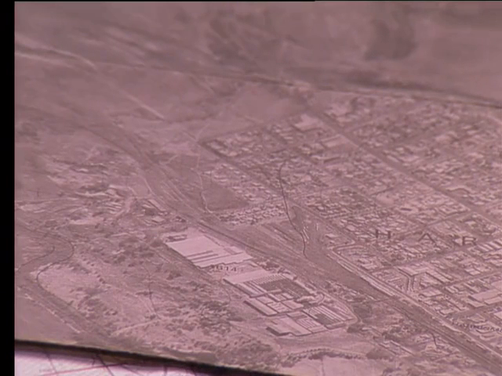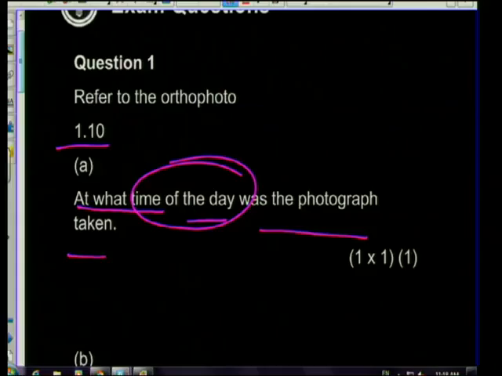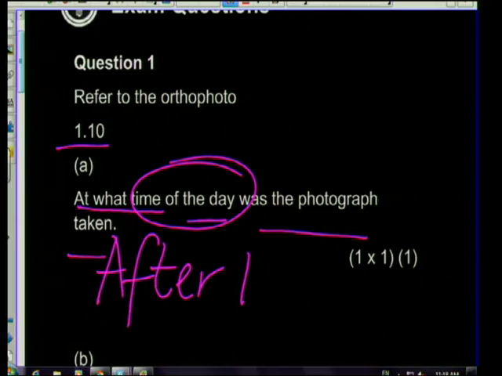The moment you see shading, it occurs afternoon or after 12 o'clock. So guys, at what time of the day was the photograph taken? After 12. For this kind of question, it can only be before 12 or after 12, determined by the shading around a building or any feature identified on the map.